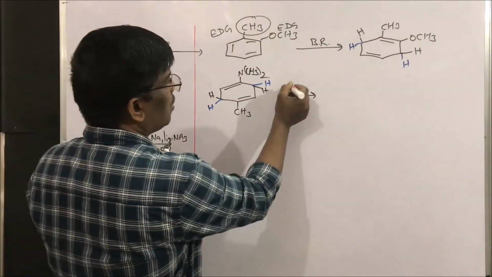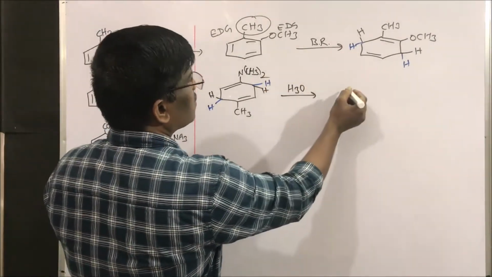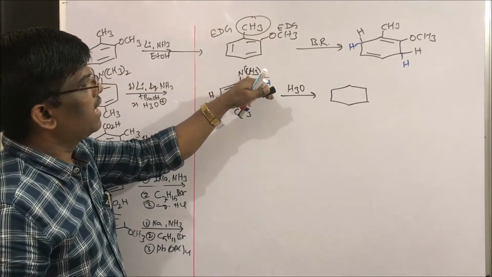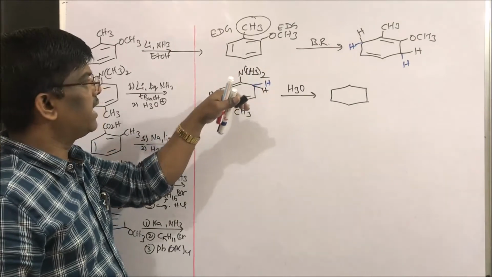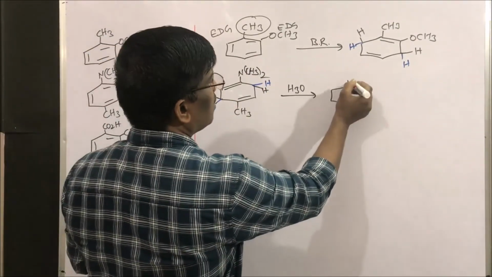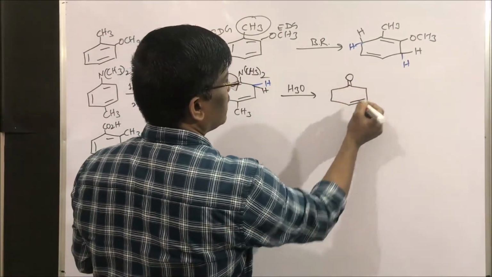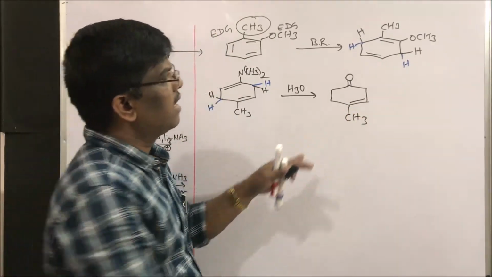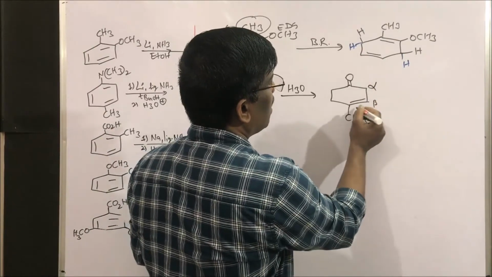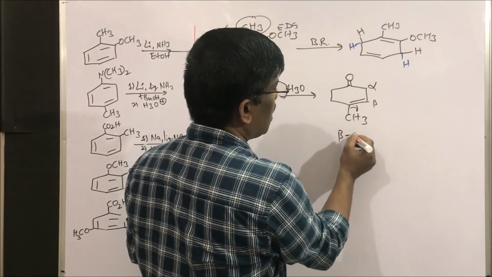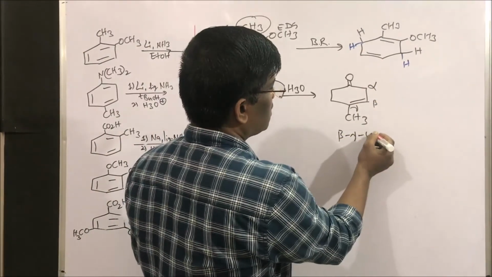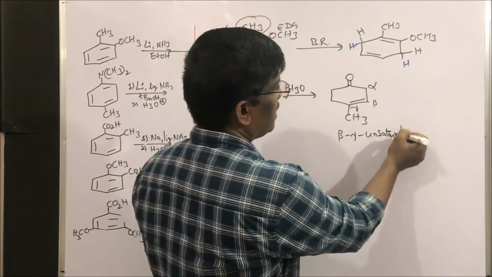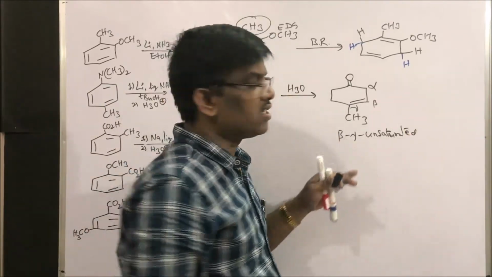So with H3O plus, what is going to be obtained? Here N,N-dimethyl, this elimination will take place to give a ketone. This is the ketone. However, it is a beta, gamma unsaturated ketone, and unsaturated ketones like this are not that stable.